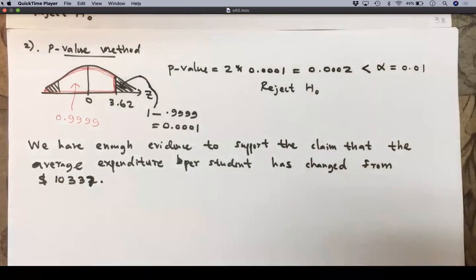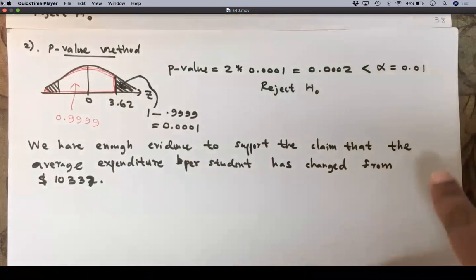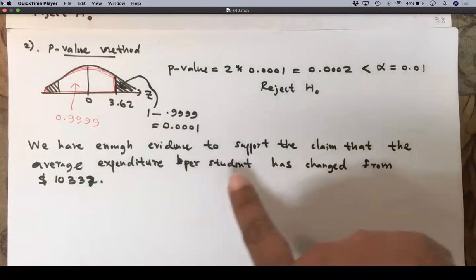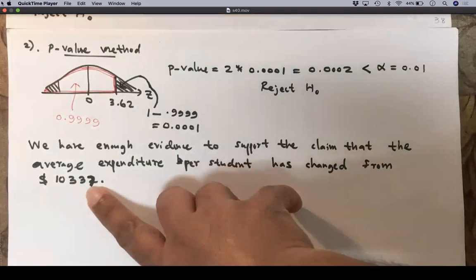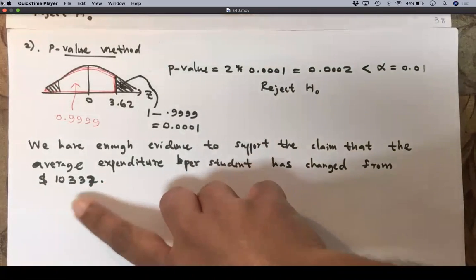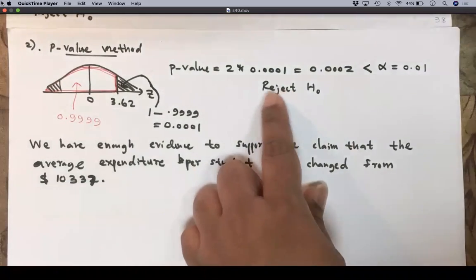Okay, so we can say we have enough evidence to support the claim that the average expenditure per student has changed from $10,337.